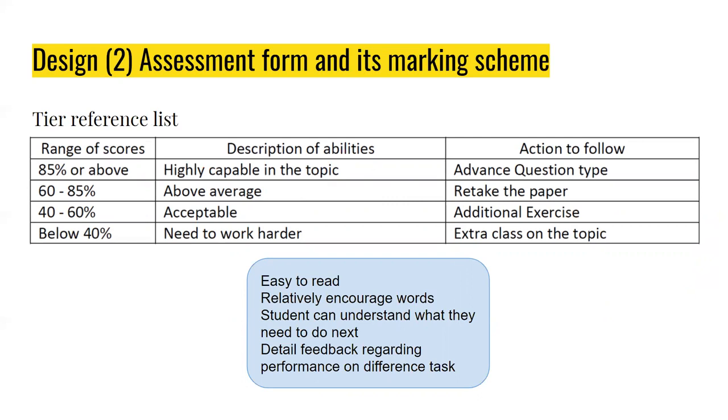We design this reference list so that they can easily understand where they are at, what they should aim for, and what action can be followed. We are trying to use encouraging words instead of negativity, so they are more persuaded to improve instead of just staying where they are.